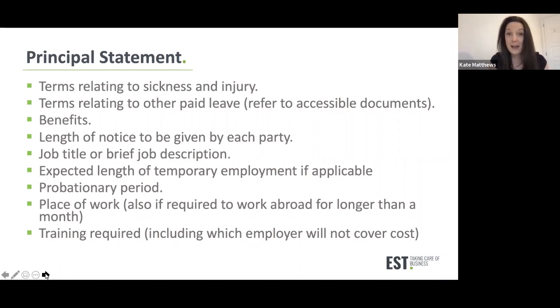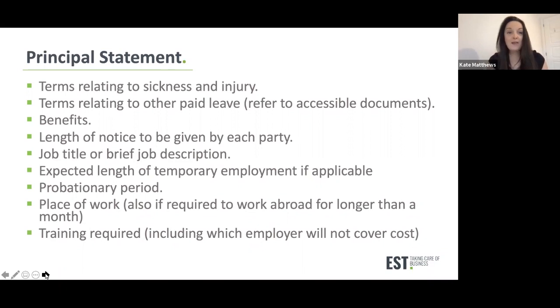They have the right to be accompanied by a trade union official or indeed by a fellow worker. And only after a fair hearing would you be able to make the decision to dismiss for gross misconduct. But if you did find that it was something so serious that they were to be dismissed and it was gross misconduct, then yes, the notice doesn't apply. It's summary dismissal.